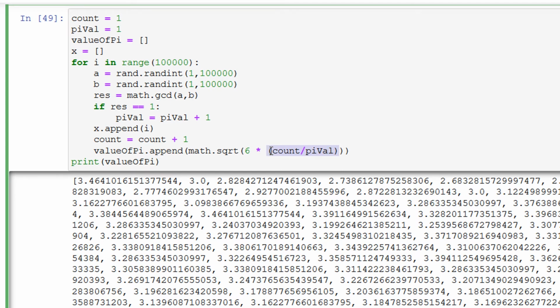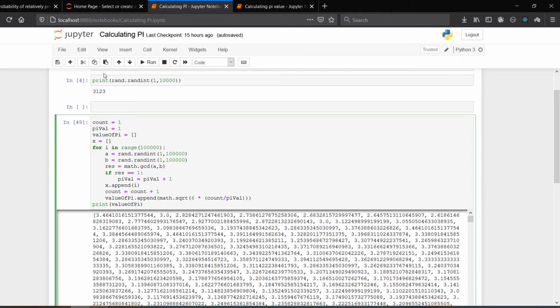We take the reciprocal, count divided by pi val, and multiply it by 6, and this will equal pi square. Then we take the square root of this whole thing, and we will have the value of pi. In every epoch we calculate this. Let's try this out again.